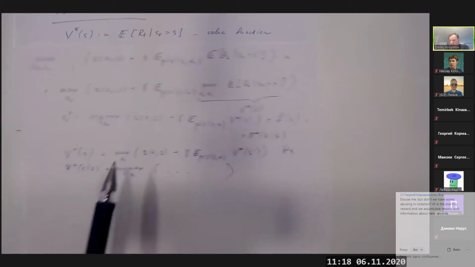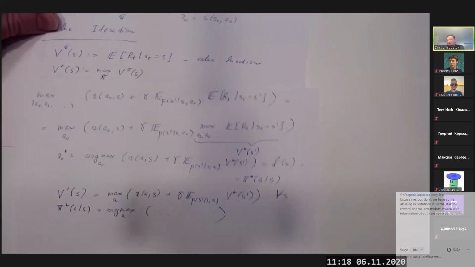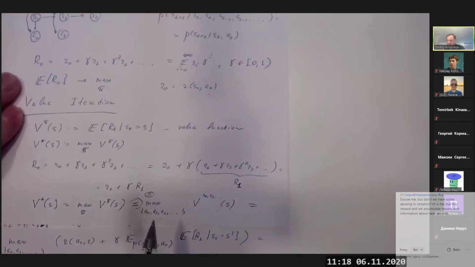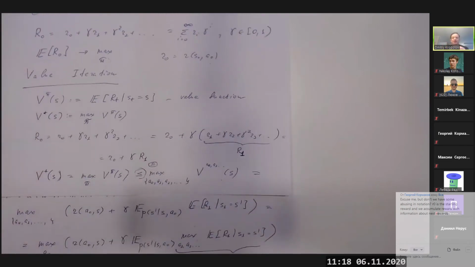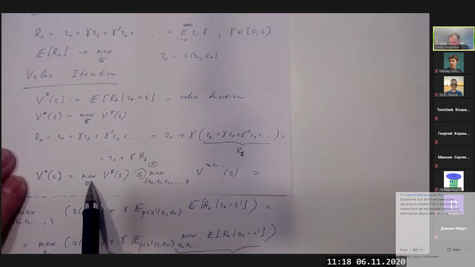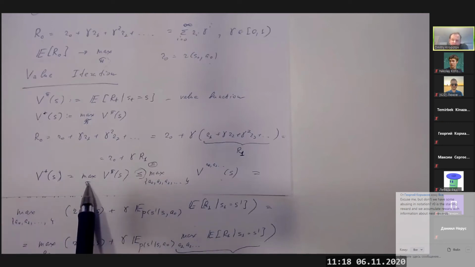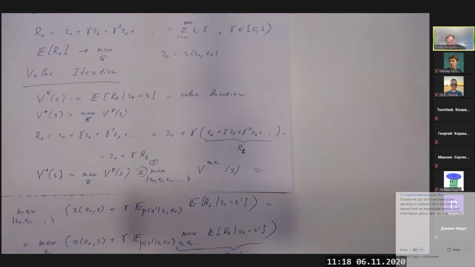So this is our result. Moreover, here I said that for simplicity, let's consider only deterministic strategies. Even in a more general case, when we consider all possible strategies, including probability distributions over actions, the result would be the same.